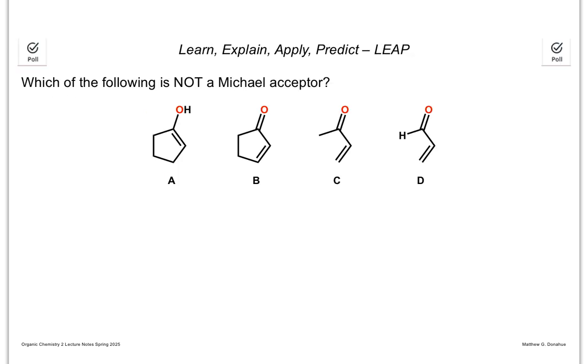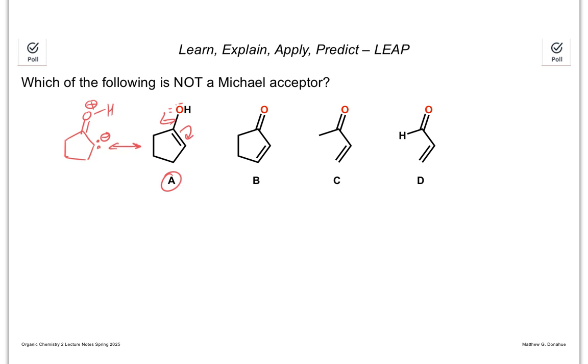So which of the following is not a Michael acceptor? So A is not. So again, for a Michael acceptor, the beta carbon has to be electrophilic. For A, we can show a resonance form that looks like that.